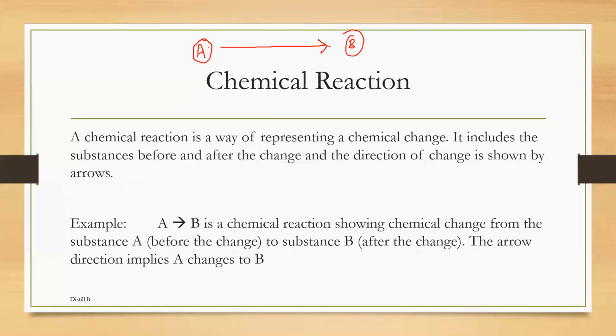So over here, A to B is a chemical reaction showing chemical change from substance A, that is the substance before change, to substance B, which is the substance after change. The direction of the arrow implies that A will change into B.